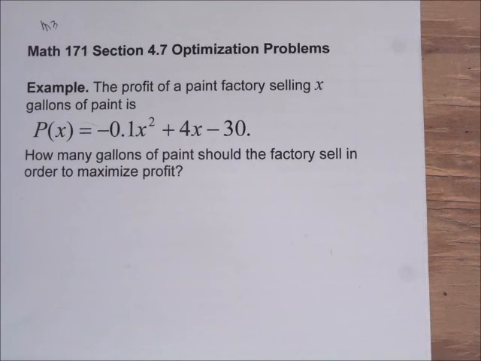The profit of a paint factory selling X gallons of paint is P of X equals minus 0.1 X squared plus 4X minus 30. How many gallons of paint should the factory sell in order to maximize profit?